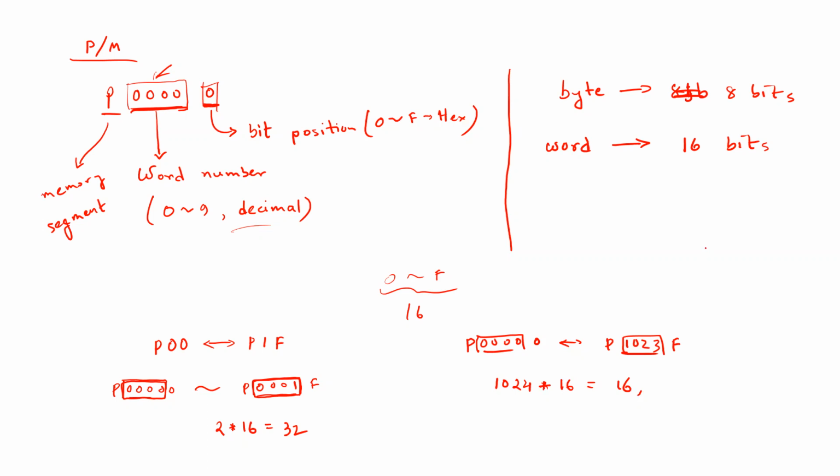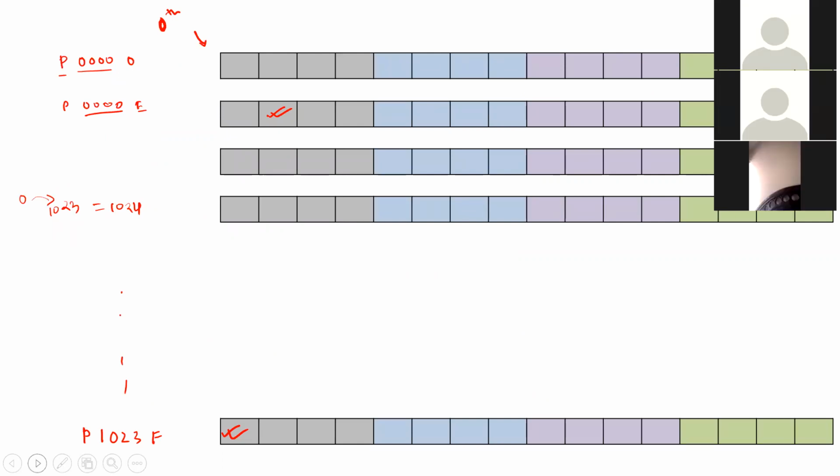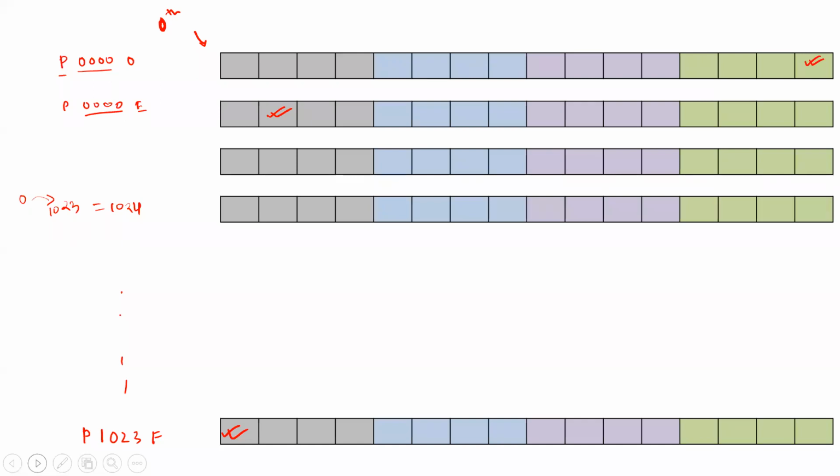So the word number can be considered to be maybe the number of a road, and the different bits can be considered to be the number of the houses. So let's say this is the zeroth word.